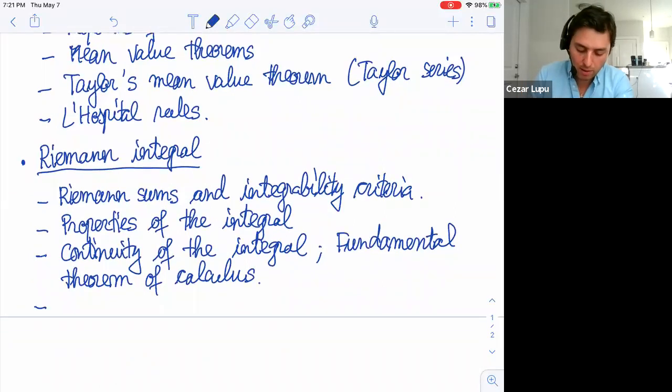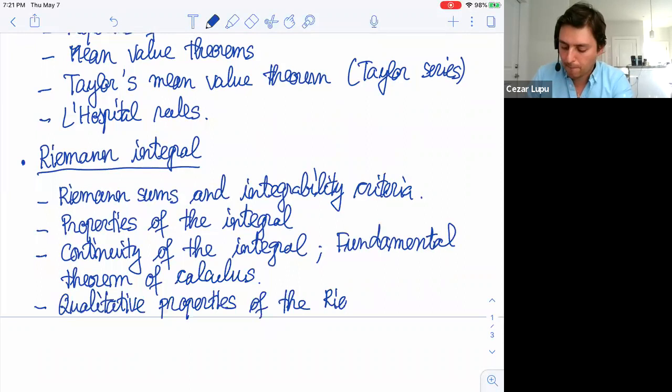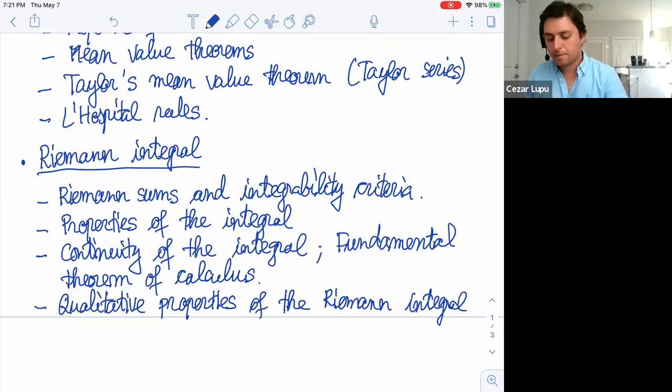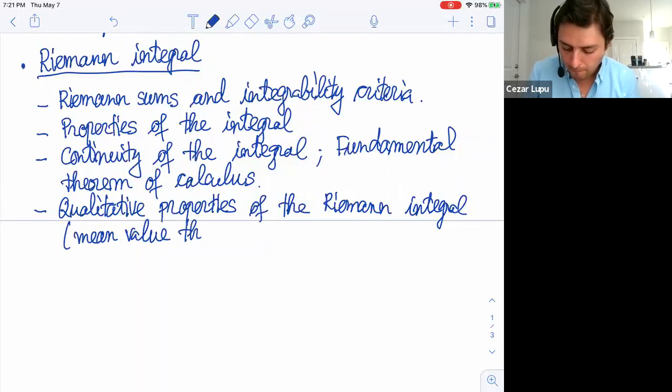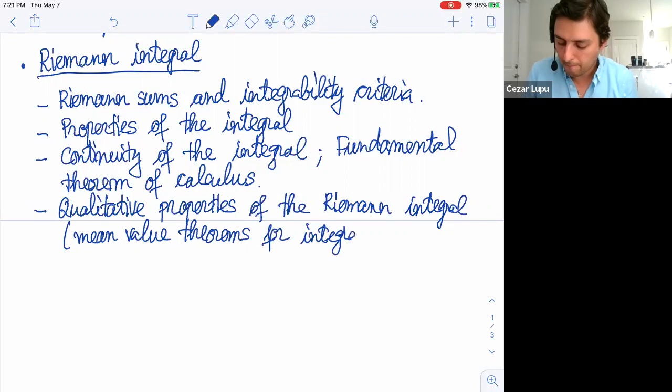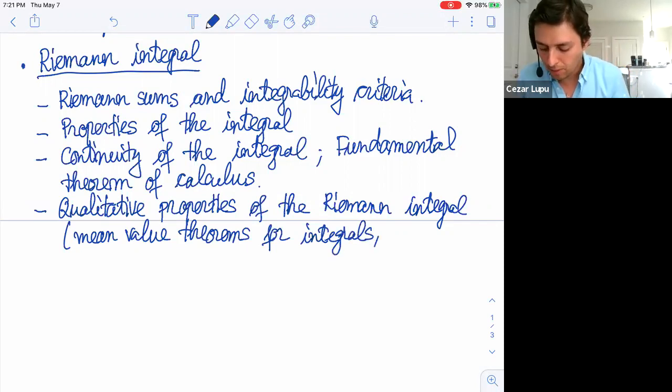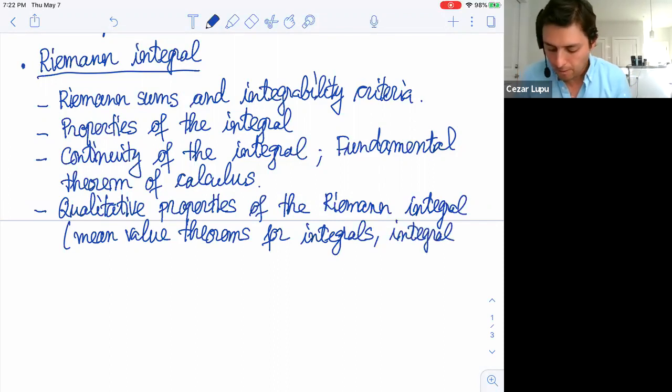Also, we've talked about qualitative properties of the Riemann integral, especially mean value theorems for integrals, or integral inequalities, and so on.